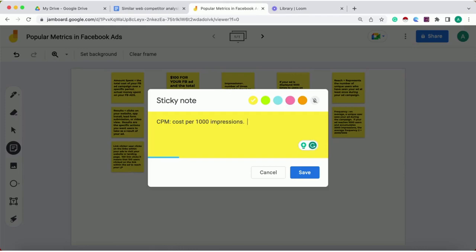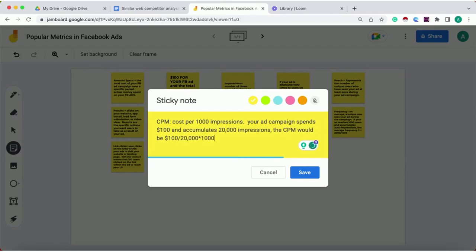Suppose your ad campaign spends $100 and accumulates 20,000 impressions. What would be the CPM? It's $100 divided by 20,000, multiplied by 1000, because it's cost per 1000 impressions.